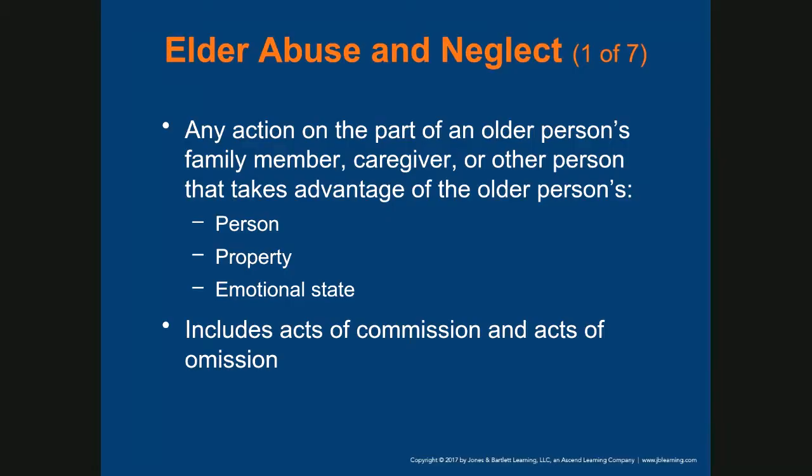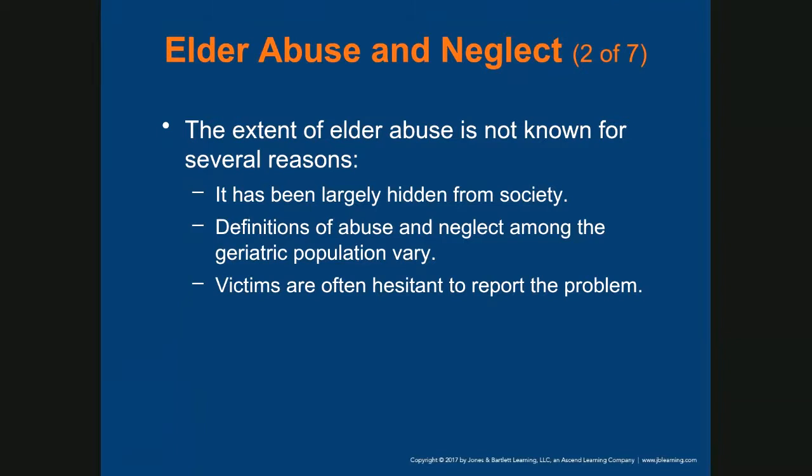All right, now elder abuse and neglect. Any action on the part of an older person's family member, caregiver, or other person that takes advantage of the older person, property, and emotional state. Includes acts of commission and acts of omission. The extent of elder abuse is not known for several reasons. It has been largely hidden from society.